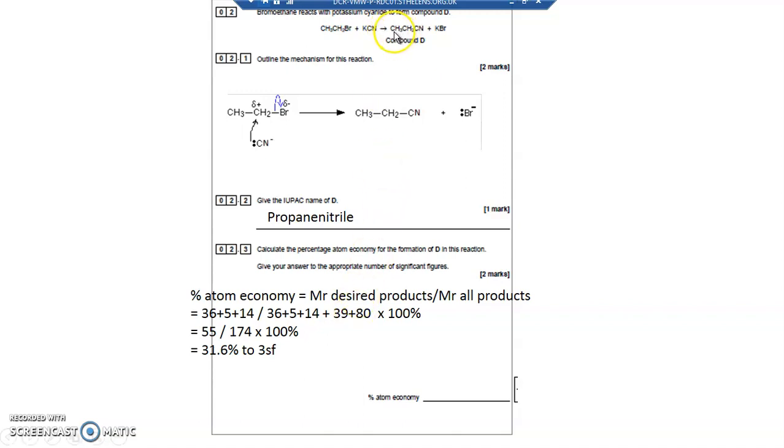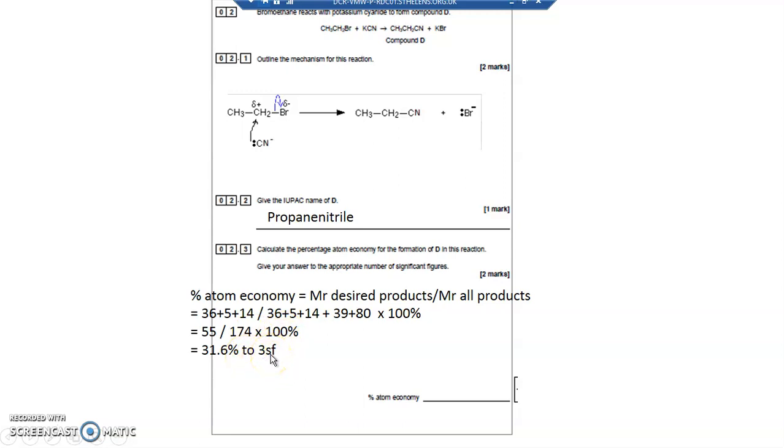So in this reaction, the Mr of the propanenitrile is 36 add 5 add 14, and the mass of everything on the right hand side is 36 plus 5 plus 14 plus the K, which is 39, plus the Br, which is 80. And I work that out and it'll come out as 55 divided by 174 multiplied by 100%, 31.6.